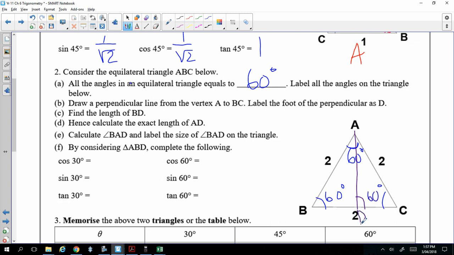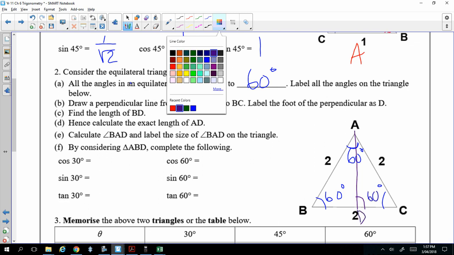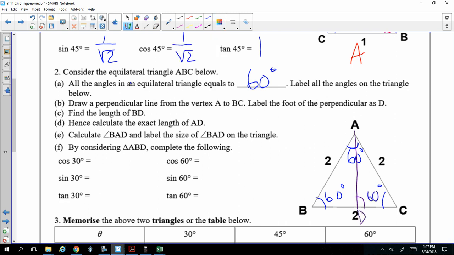Because that line is an axis of symmetry, it divides BC into 2 equal parts. So DC is 1, because it splits the triangle into 2 equal halves. BC is 2, so both of these are 1. Maybe we'll put another 1 here, so you know that's 1.